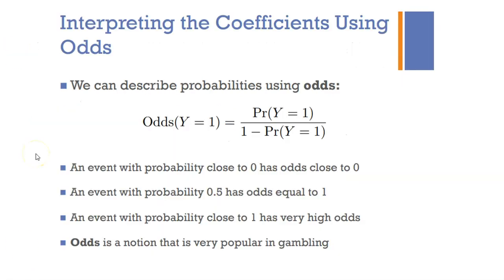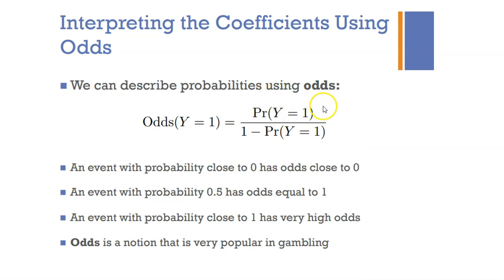So next is interpreting the coefficients using odds. This is not 100% necessary, but this is one way of interpreting results. So what are odds? The odds of y equal to 1, or odds of default, is the probability that a default happens divided by the probability that default does not happen.